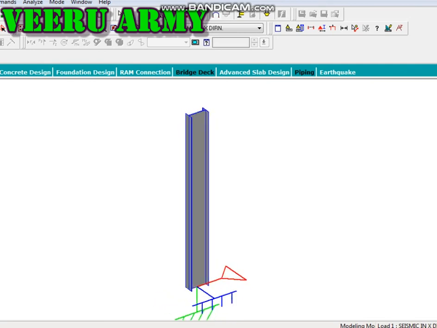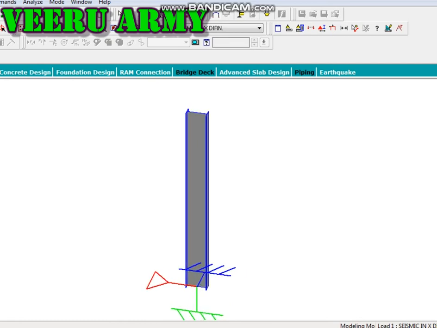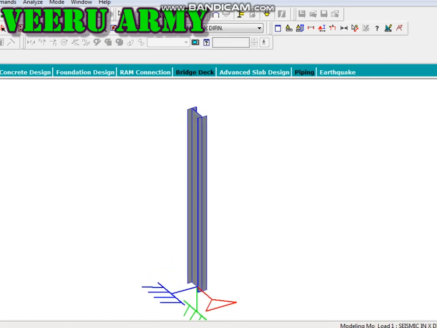In our PEB structure, the torsion of the column, the rafter beam, the angle bracings and the pipe strut will not happen.